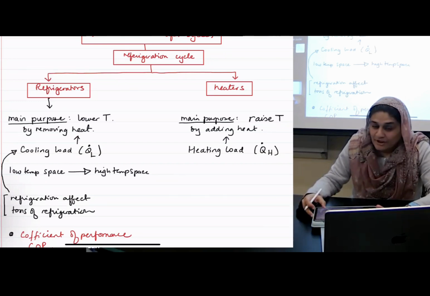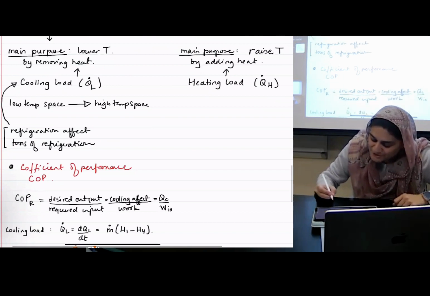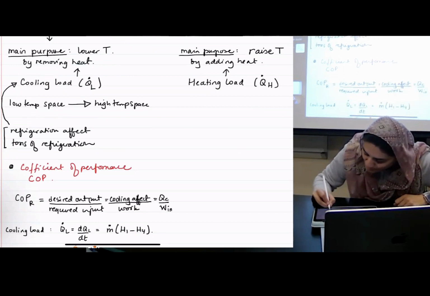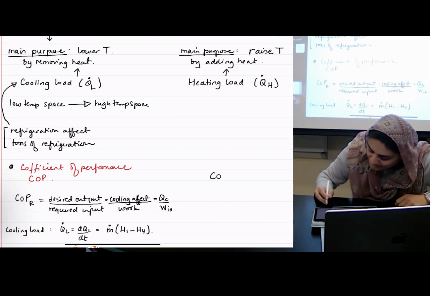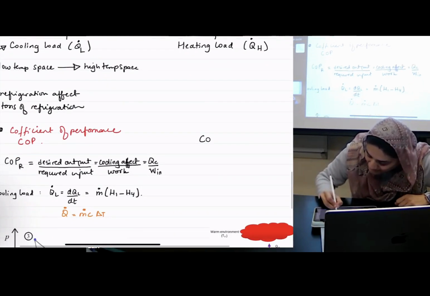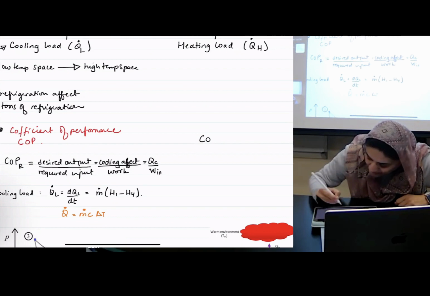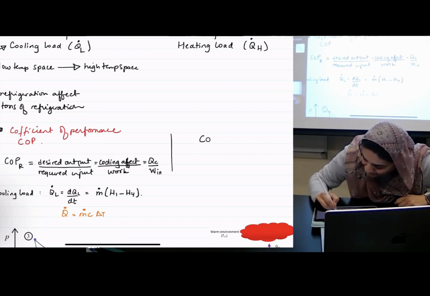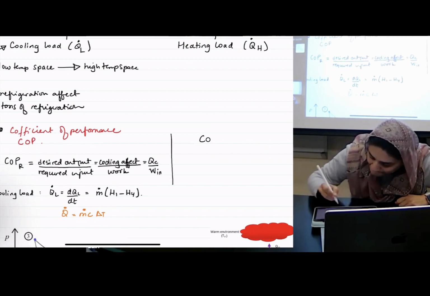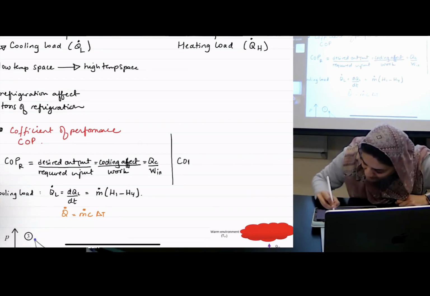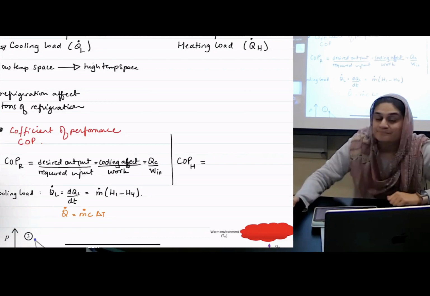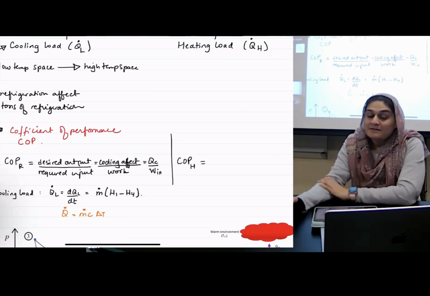So for this, the coefficient of performance will be COP. I'm going to write it right in front of here. Keeping this in mind, what do we expect it to be? This is a heater, so I'm just going to call it H. Is it still the desired output divided by the required input?